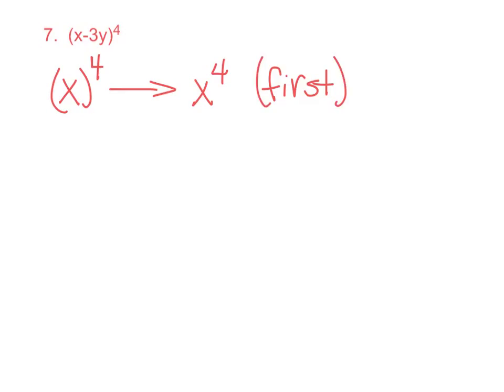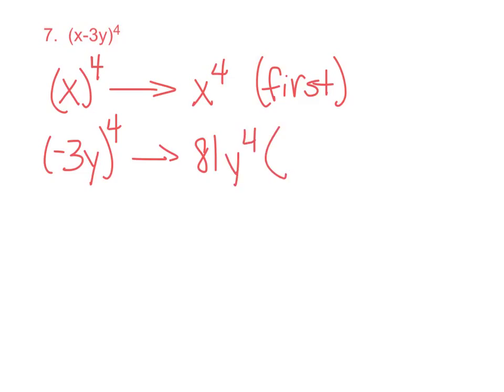To find your last term, you're going to take the last term in the parentheses, which would be negative 3y, and I'm going to raise that to the 4th power as well. Now be careful because the negative 3 is getting raised to the 4th power, and so is the y. So negative 3, when I raise that to the 4th power, is 81, and then y to the 4th, and that will be your last term.